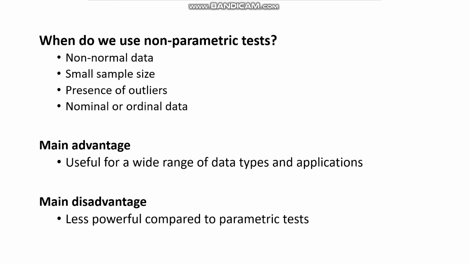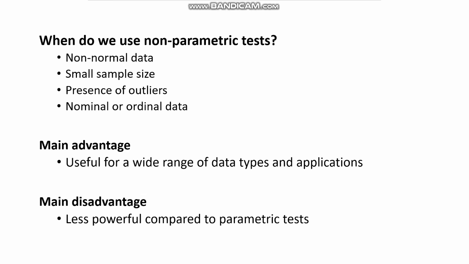So the main advantage of non-parametric tests is they can be used for a wide range of data types, because they can be used for continuous variables and also for nominal and ordinal data. So they can be used for a wide range of applications, such as analyzing ordinal data, when there are outliers in the data, or when the distribution doesn't have to follow normal distribution.